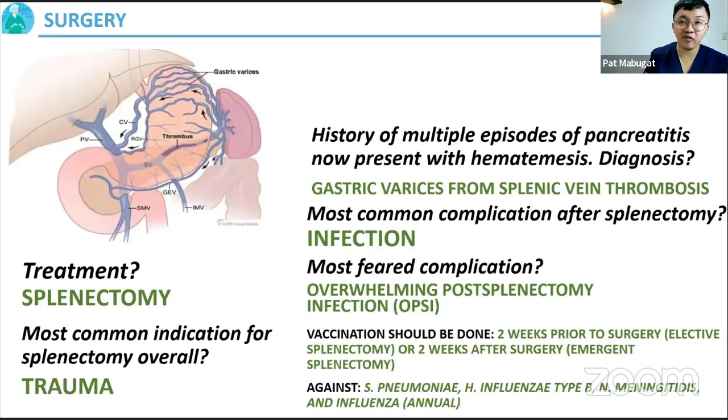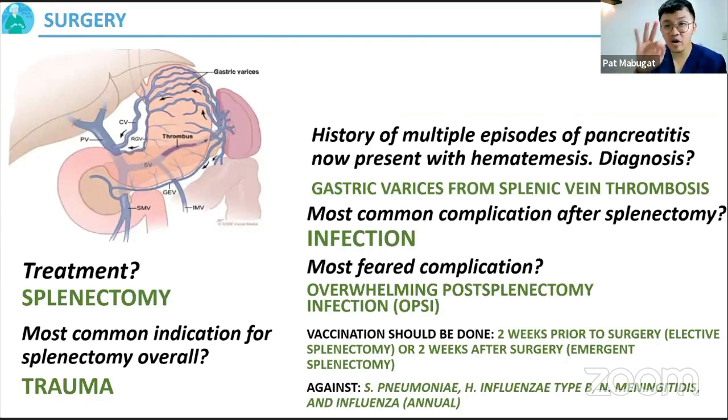When? 2 weeks before if elective, 2 weeks after if stat or emergent. If elective, you need to prime the body, since you're going to lose the spleen, so you need to produce as many antibodies as you can. If stat, you need to wait 2 weeks because after you remove the spleen, the body is in an immunocompromised state and is not going to be able to process those antigens from the vaccine immediately.